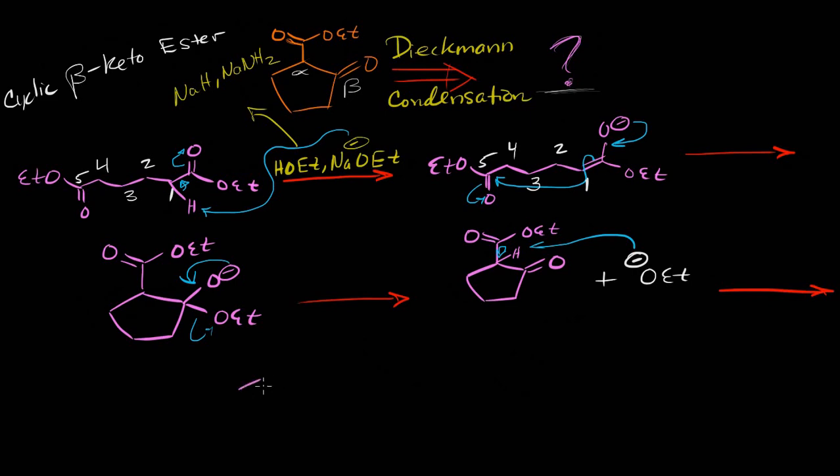The only thing we need to do to fix this is to simply add in some acid. Again, it's very similar to the Claisen and the steps that we took in the Claisen. So there's our ester, and we have just that minus charge.